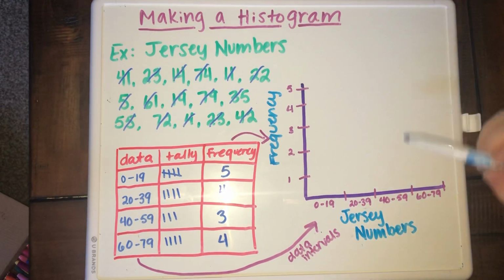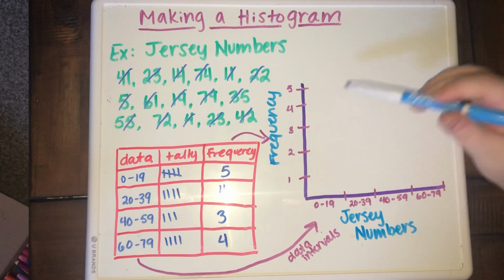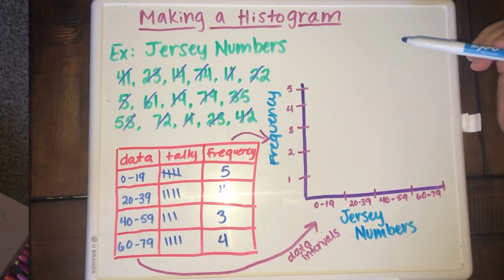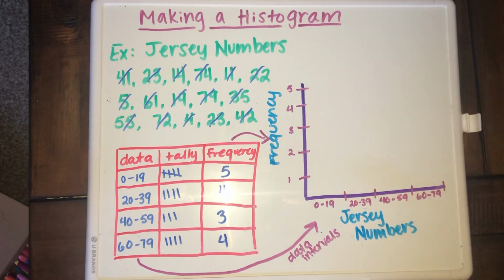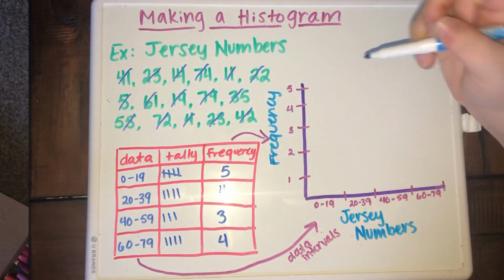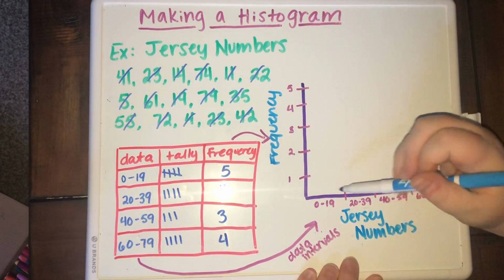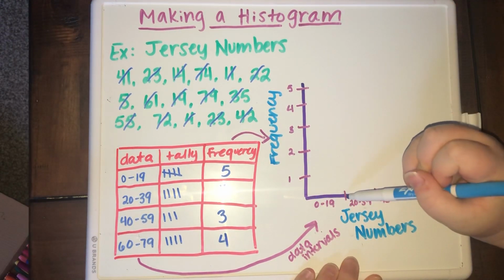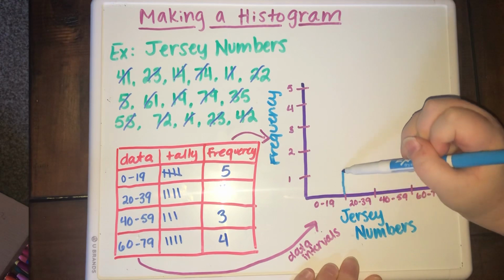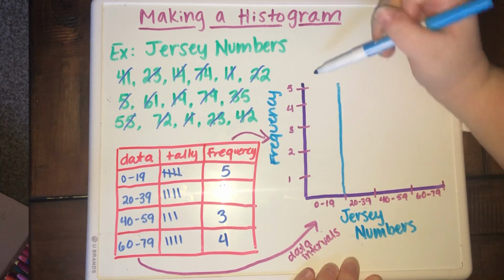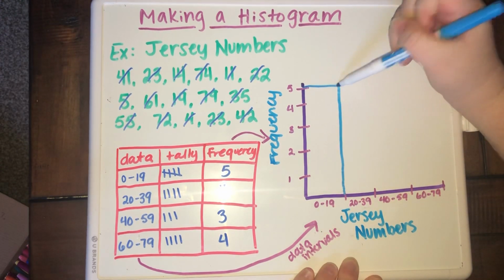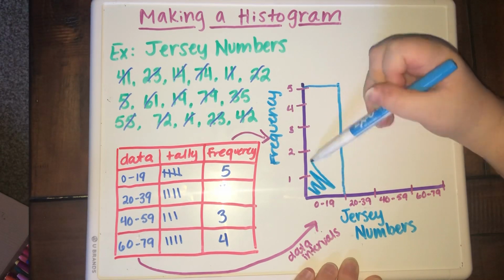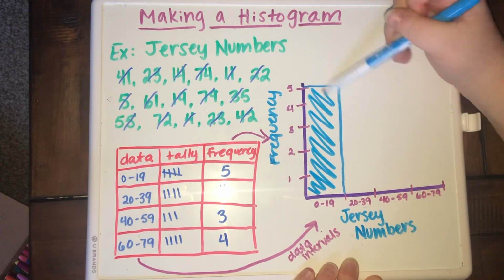But now that we know what our X and our Y are, all you have to do is draw the graph. So from 0 to 19, there's a frequency of 5. What that means is you're going to take your little interval, which we've got blocked off right here, go all the way up to 5 and go across and then shade that in.